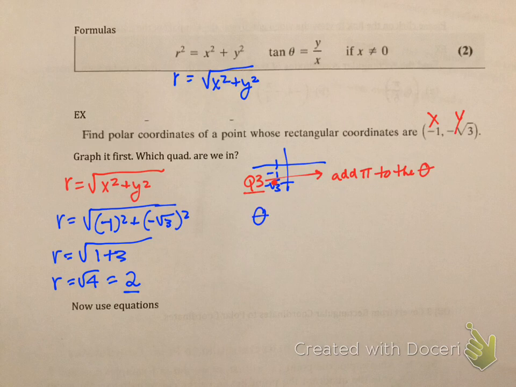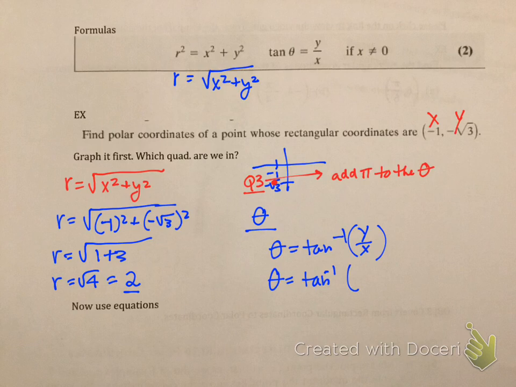Remember, to find theta, you have to take the inverse tangent of y over x. So theta equals inverse tangent of y, which is negative radical 3 over -1. If I clean this up a little bit, I know that a negative divided by negative is a positive.